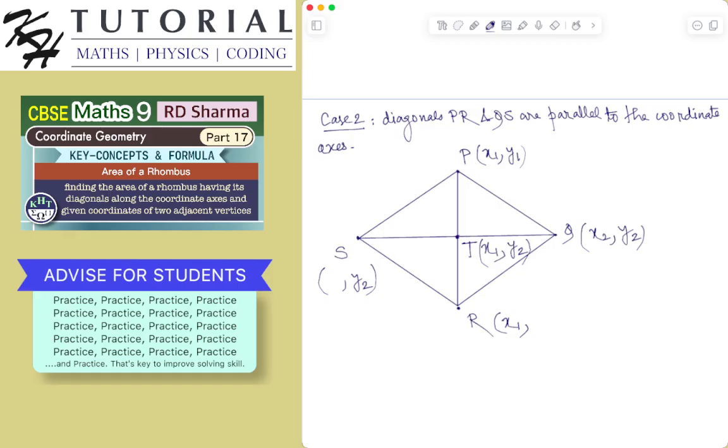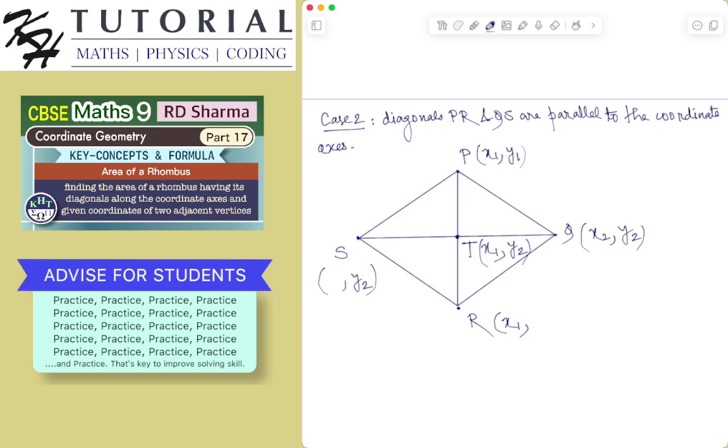Mathematically, the correct way of writing the ordinate is this. What is the distance between the vertices P and R from the point T?